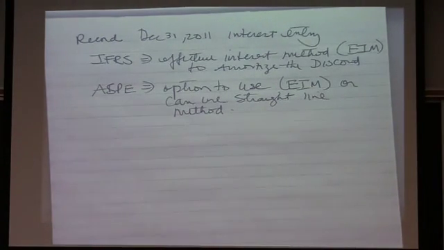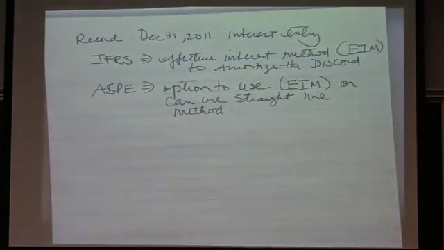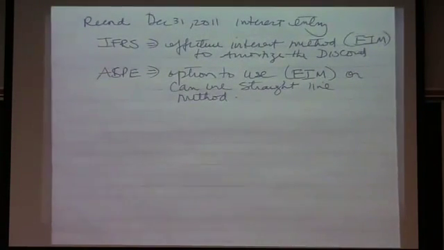So as long as the amount is not materially different, then under ASPE it will allow companies to use the much easier method called the straight line method. So we're going to actually use the effective interest rate method.